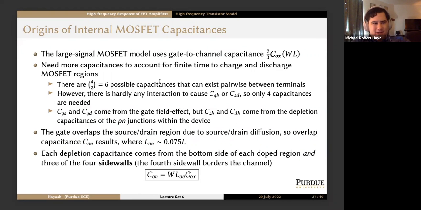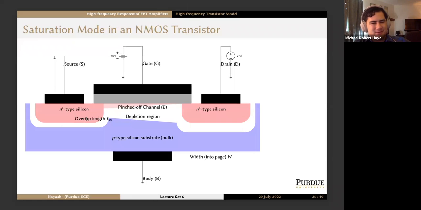So we're going to need more capacitances to account for the finite time to charge and discharge the different MOSFET regions. It takes time to cause charge to move across these regions and establish changes in their charge. So there are 4 choose 2, or 6, possible capacitances that could exist pairwise between the terminals.